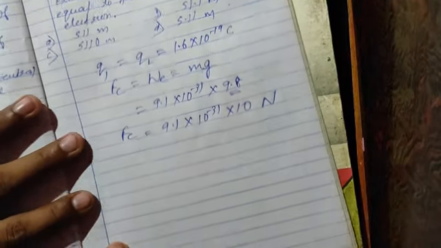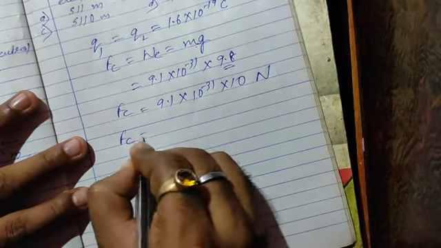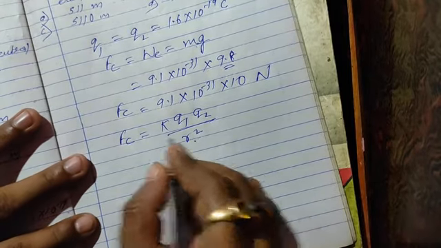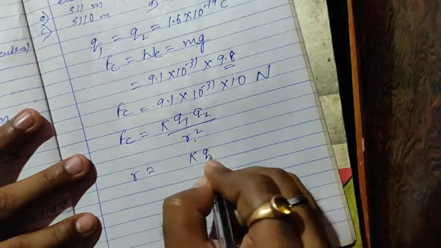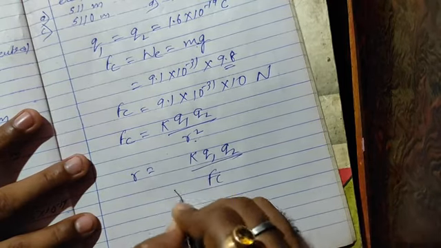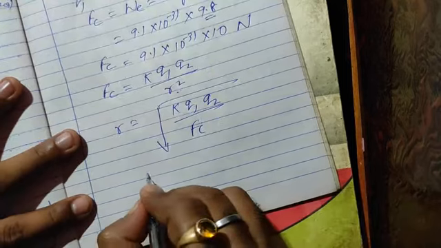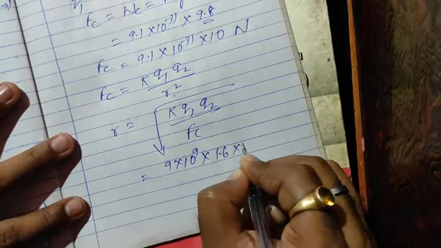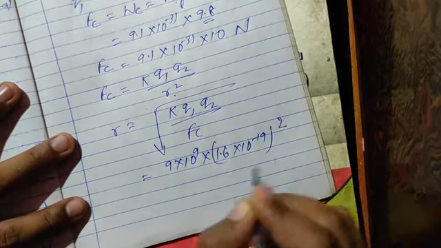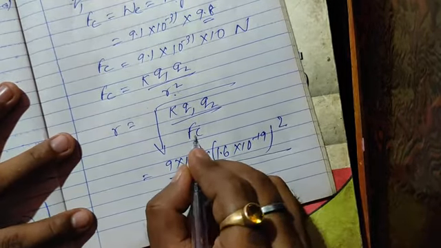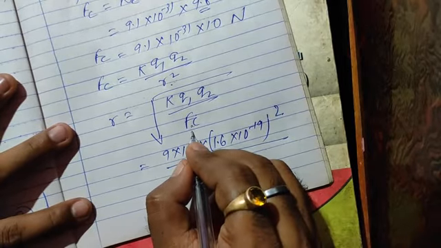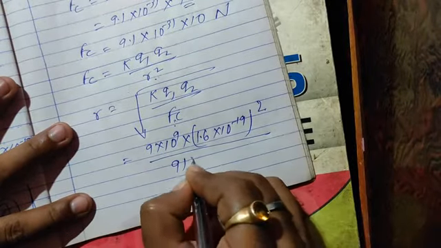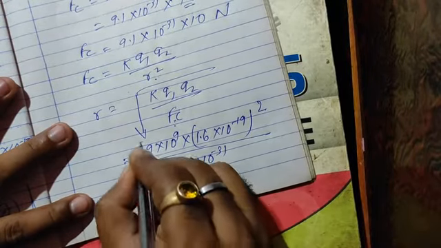So that is the electrostatic force. And now we know from Coulomb's law, F equals K Q1 into Q2 by R square. Again we have to calculate R square. This means R is equal to the square root of K Q1 Q2 by the Coulomb force. K has a value of 9 into 10 to the power 9, Q is 1.6 into 10 to the power minus 19, which has to be written 2 times, so this is a square, and the Coulomb force is given equal to the weight of the electron, that is mg, which on solving gives approximately 91 into 10 to the power minus 31, and whole square root.